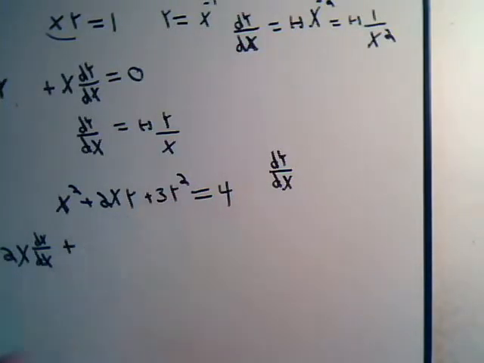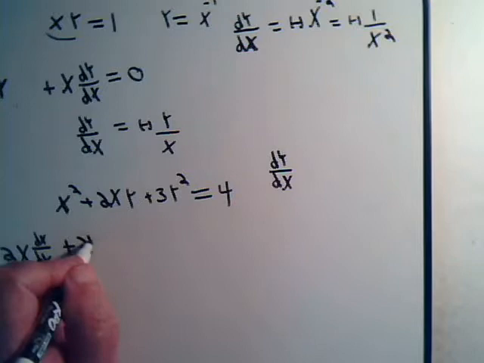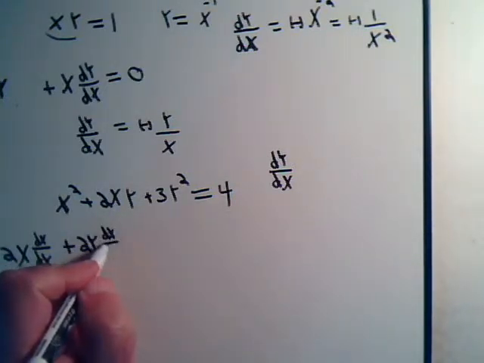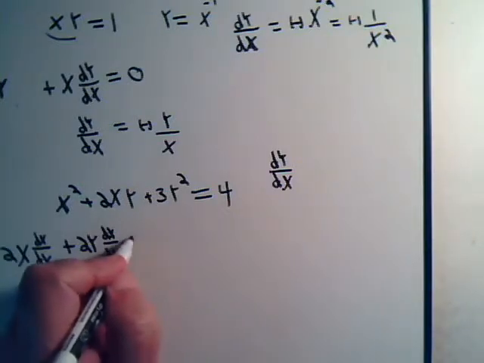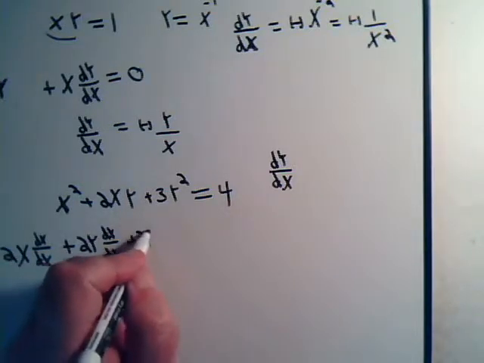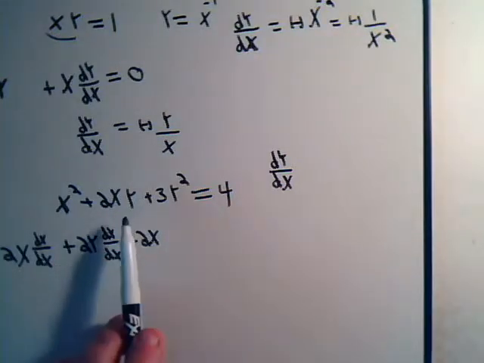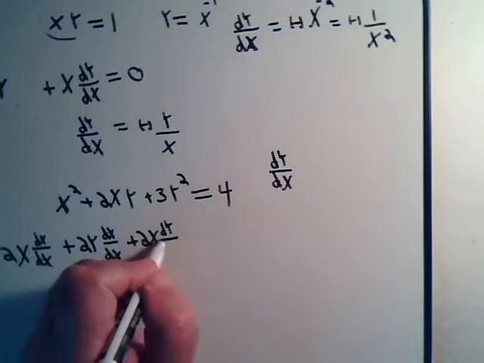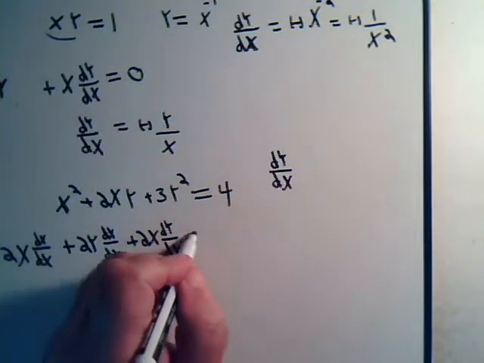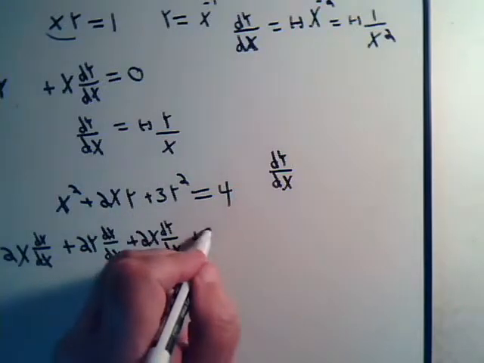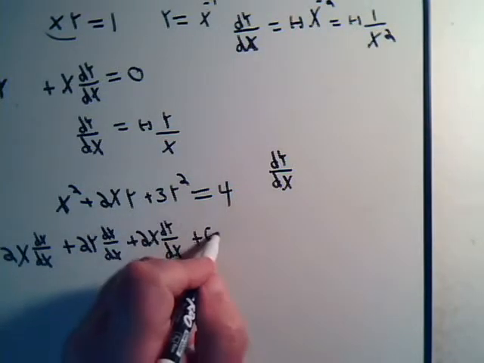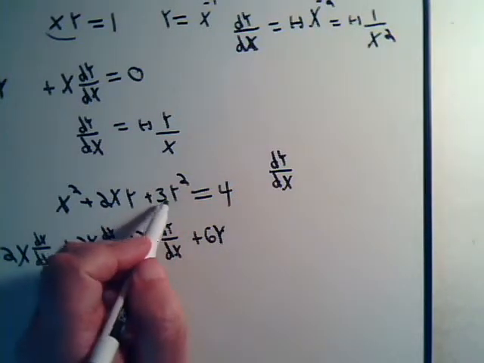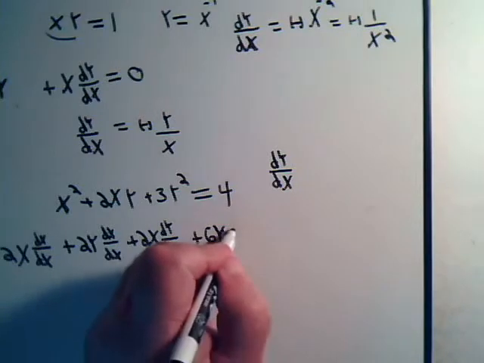Okay, so we have 2 times y times this derivative, that's just dx/dx, plus 2 times x times this derivative, that's dy/dx, plus 6 times y to the 2 minus 1 power, dy/dx.